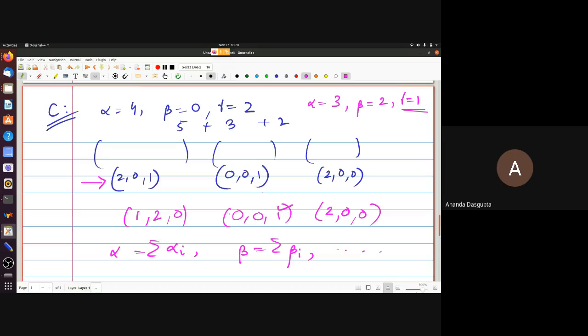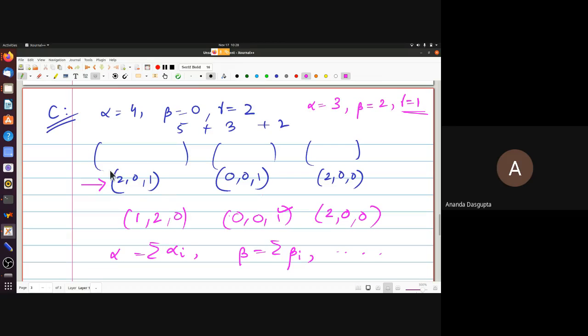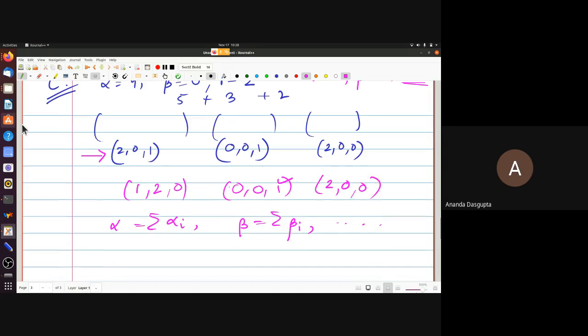And now, let's focus on the number of elements in this class. 201. How do you get the number of elements there? That's simply 5 factorial by 1 to the 2, 2 factorial, and nothing coming from the 0. But anyway, let's write that down anyway. 2 to the 0, 0 factorial, and 3 to the power 1, 1 factorial.